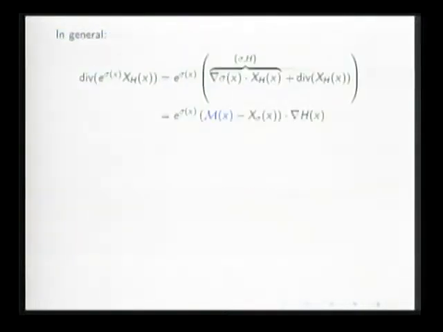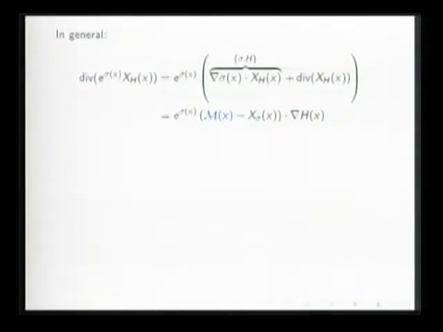So if I take the divergence along with a more general density, so I multiply by a positive function sigma, using the product rule you get a term that involves the divergence of X_h, which gives me something involving the modular vector field that I introduced in the previous slide, and then I get something that involves the derivative of sigma along X_h.